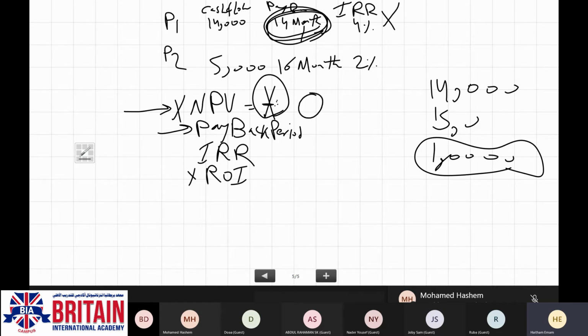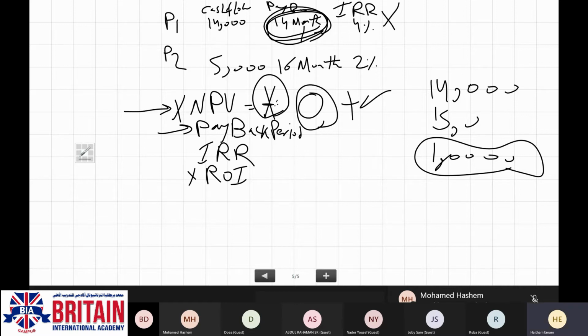When it is zero, then this project is okay. When it is plus, this project is perfect. If I'm going to compare two projects based on NPV, I'm going to select the project which has the higher NPV.